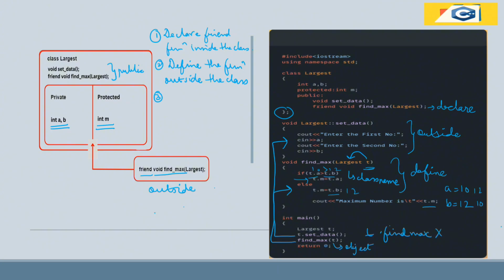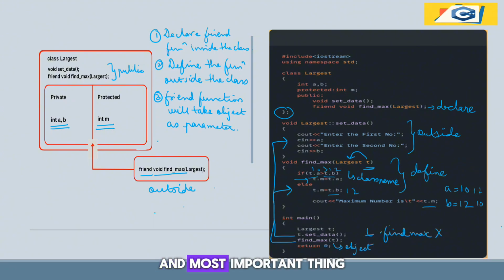Third, the friend function will take an object as parameter. And the most important thing is, you need to use the keyword friend.